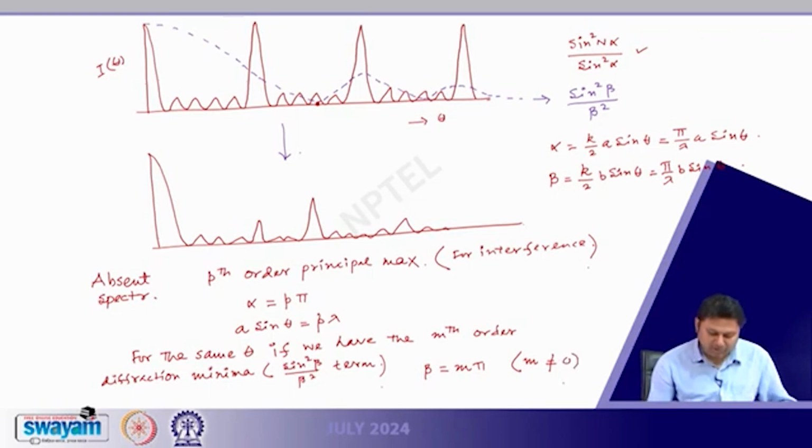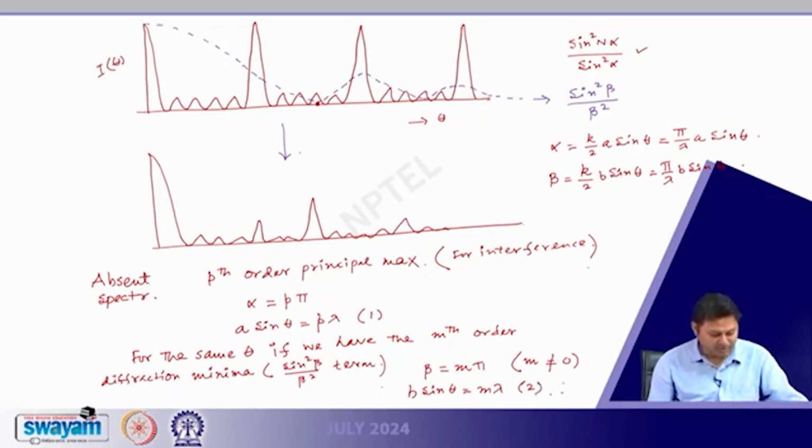That is the condition of the minima of this. So that means we have b sin theta, same sin theta, equal to m lambda.